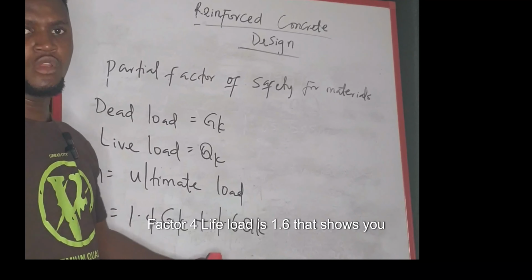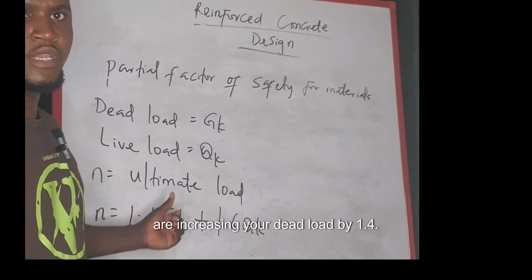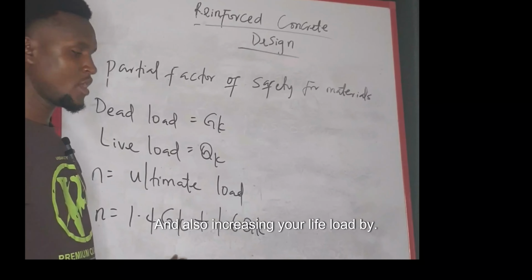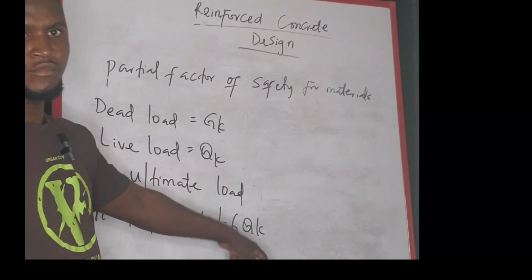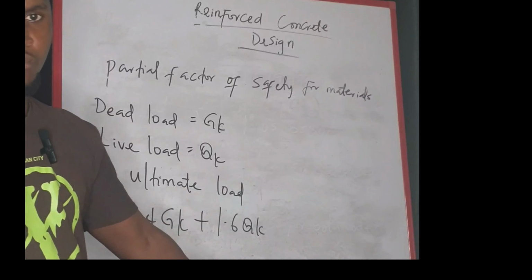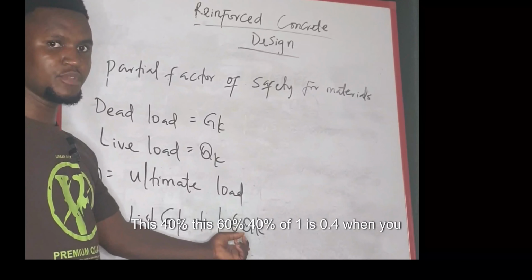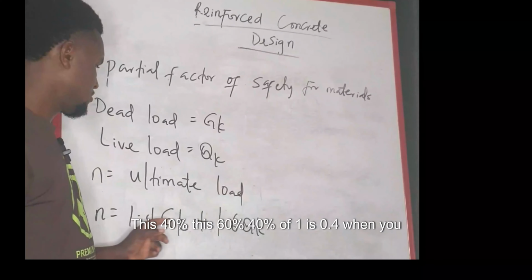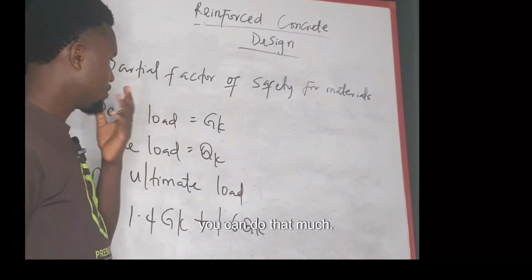Factor for live load is 1.6. That shows you are increasing your dead load by 1.4 and also increasing your live load by 1.6. This 40%, this 60%; 40% of 1 is 0.4. When you add it to 1, it should give you the increment. You can do that math.